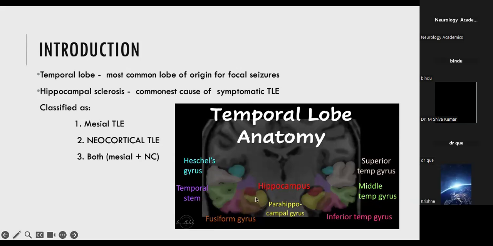In mesial temporal lobe, some structures cannot be seen in this section. The structures lateral to the collateral sulcus form the neocortical temporal lobe, containing the piriform gyrus, inferior temporal gyrus, middle temporal gyrus, superior temporal gyrus, and also the Heschl gyrus.